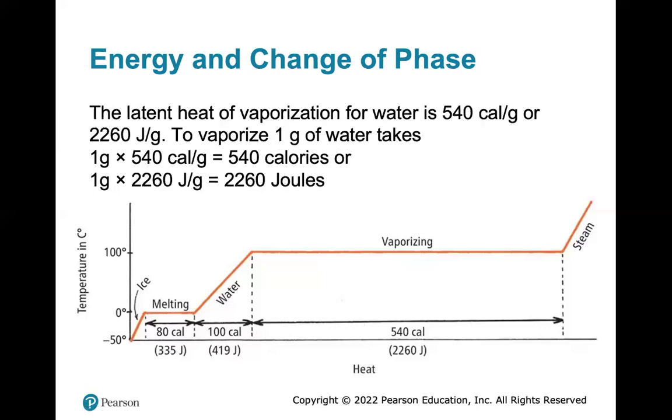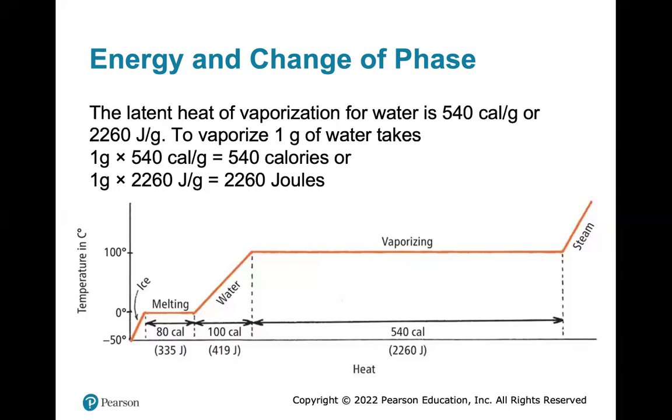And finally, we're going to get to vaporization. Again, all we're doing is putting in energy. We're not raising the temperature. It's still at 100. The latent heat of vaporization for water is 540 calories per gram or 2,260 joules per gram.